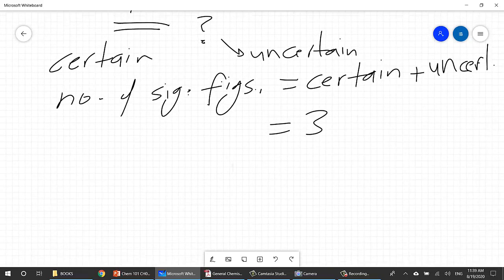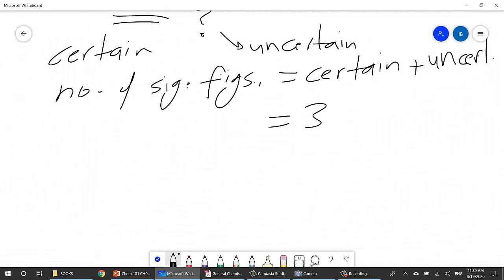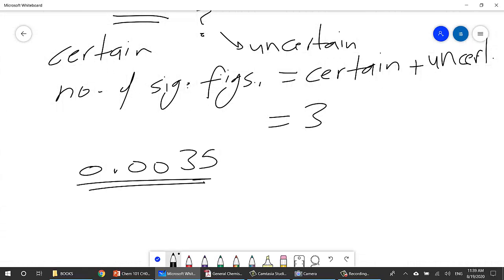But what about this number here? We have 0.0035. How many significant figures do we have in this question? Some people will say, okay, we have 1, 2, 3, 4, 5, and some people will say 2. Well, it's very difficult to answer this question before you change this into scientific notation.